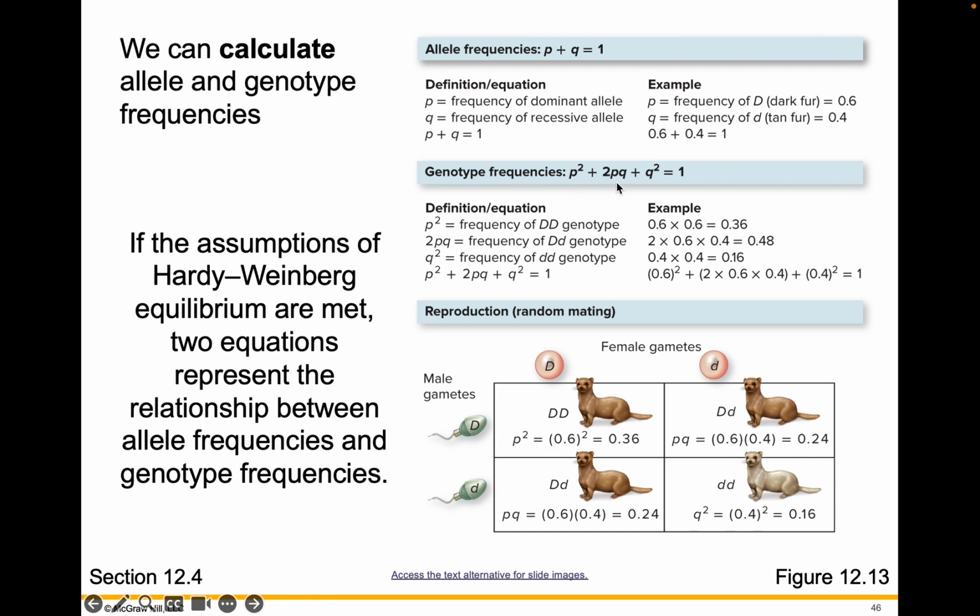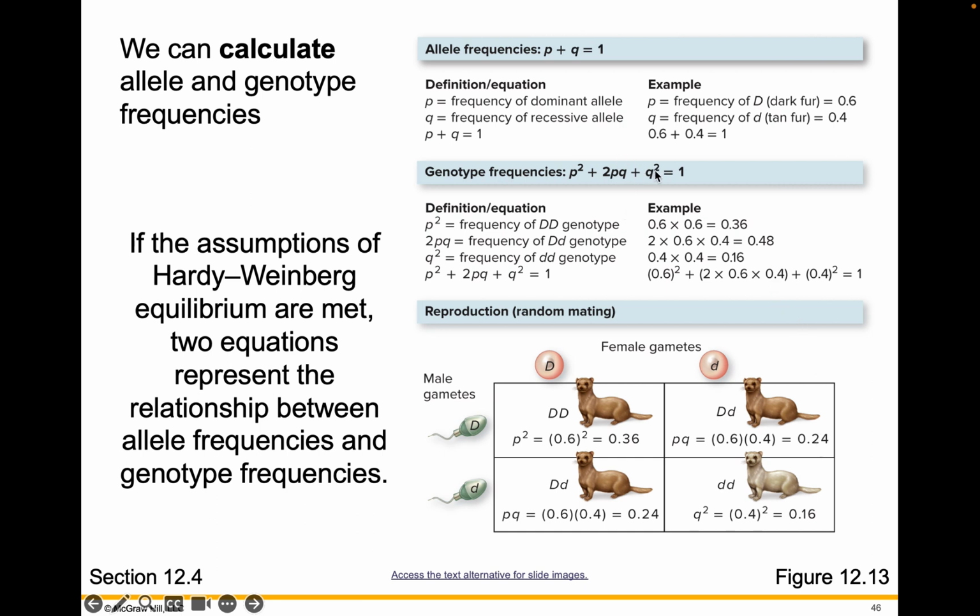The next part of this equation is plus 2pq. This is the total number of heterozygotes, or the frequency of heterozygotes. 2, because there's 2 boxes, right? Times the frequency of P and Q. So 0.6 times 0.4 is 0.24, times 2 should be 0.48. There we go.